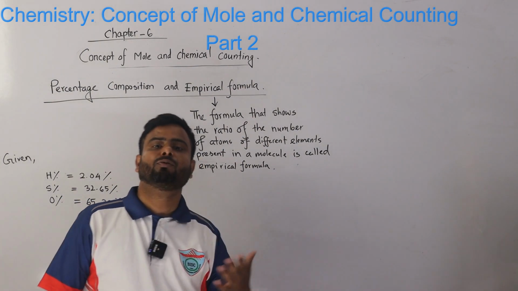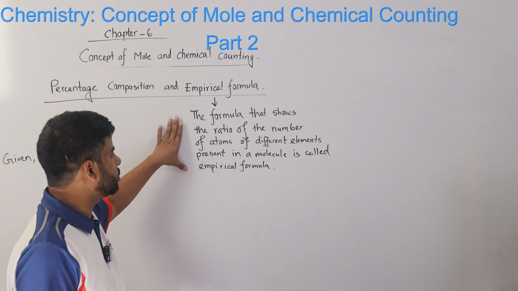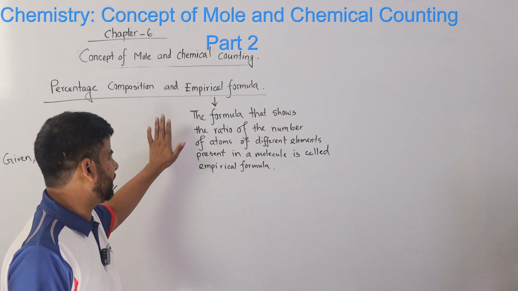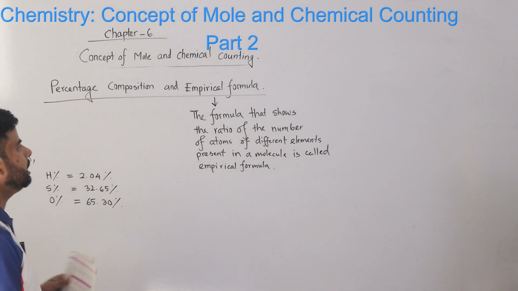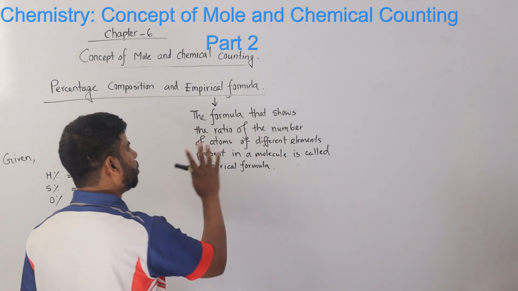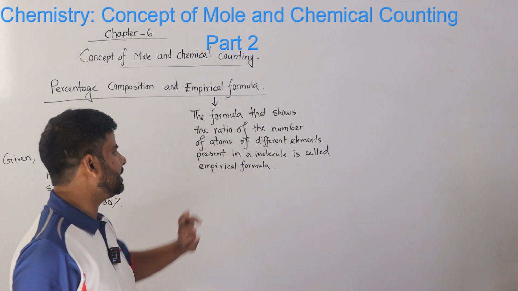There is another type of formula, the molecular formula. The molecular formula shows the exact number of atoms of different elements present in the molecule. But the empirical formula only shows the smallest ratio of the number of atoms of different elements present in a molecule.